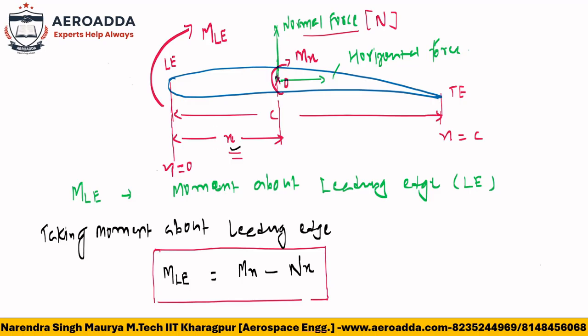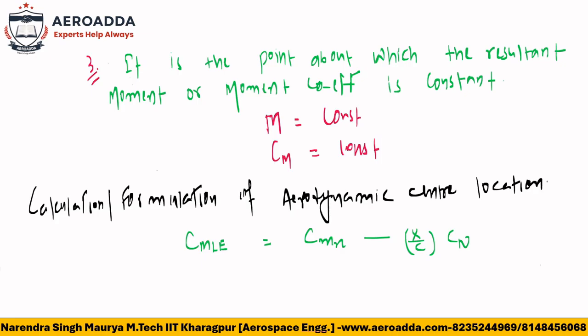So I can say my aerodynamic center is XAC, because XAC is the location of the aerodynamic center. For the aerodynamic center, the location from the leading edge, X is equal to XAC.